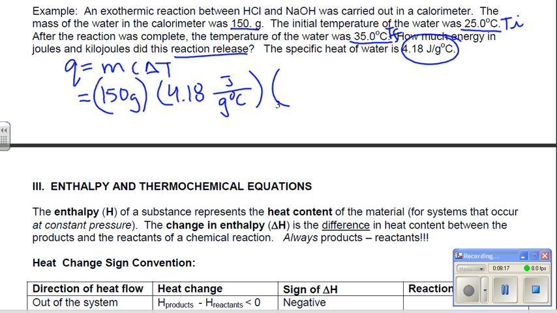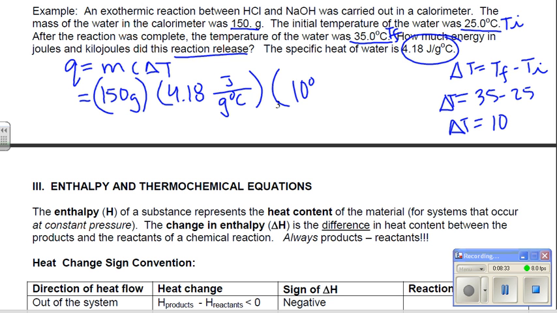And the temperature change, remember it's final temperature minus the initial temperature, is equal to 35 minus 25, which gives me a delta T of 10. Okay, so when I multiply all this together, I end up getting 6,270 joules.